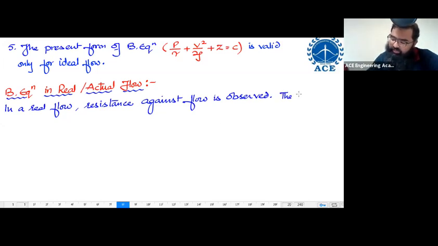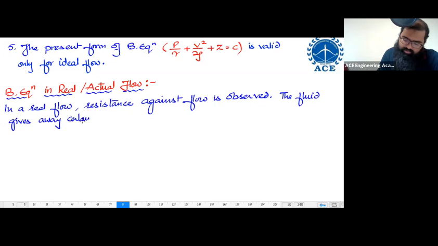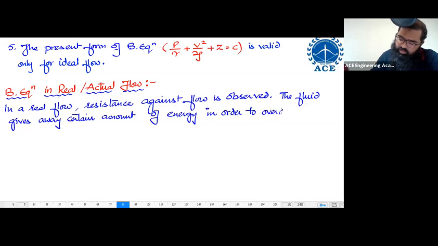The fluid gives away a certain amount of energy in order to overcome the resistance.